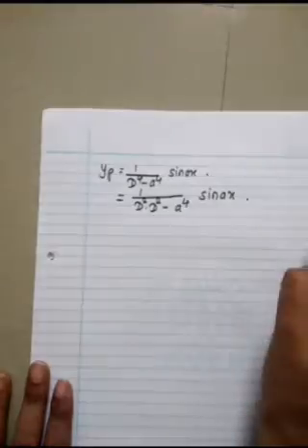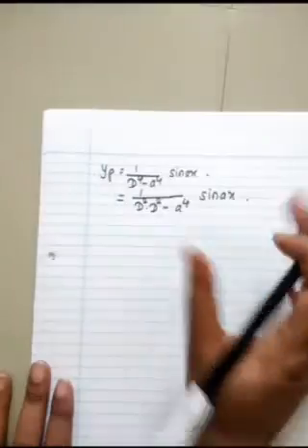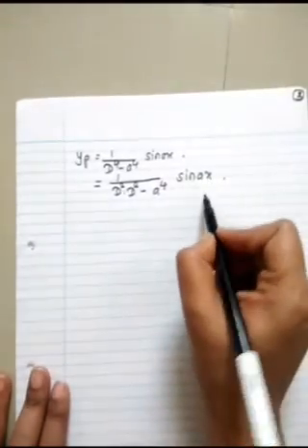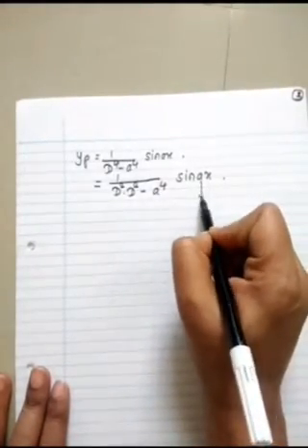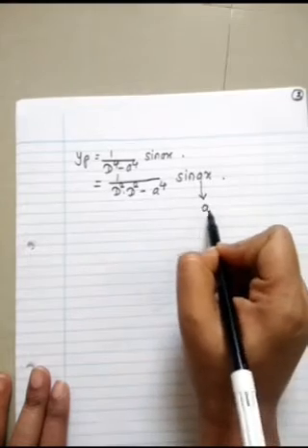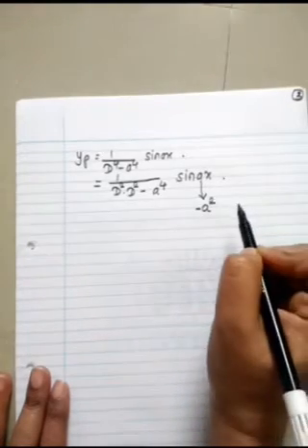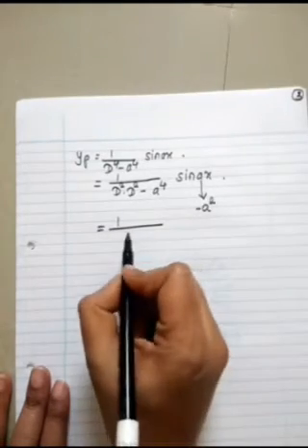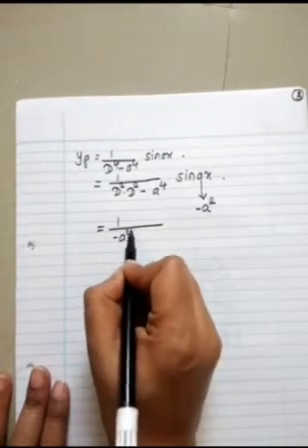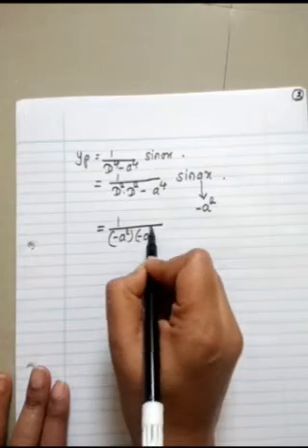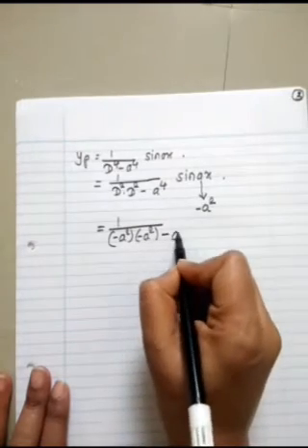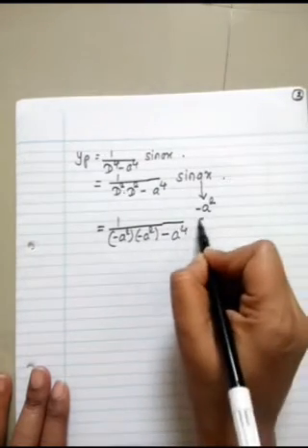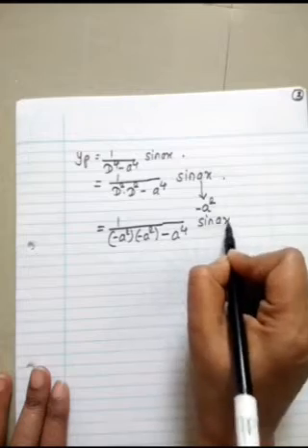Now it has d square in the denominator. What we need is to find that number, that is a here, square it, give it a negative sign, and put it in the place of d square. So we get minus a square into minus a square minus a raised to 4, into sine ax.